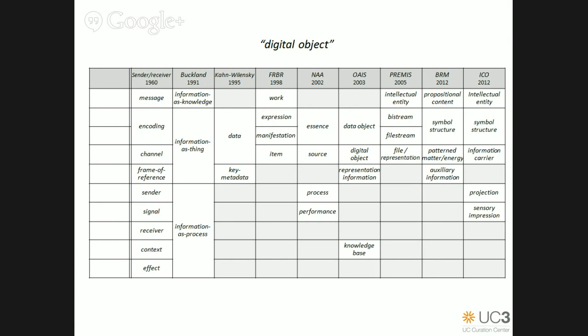And we found that if you try to line them up against each other, as well as some definitions of the more general notion of exchangeable information, such as the sender-receiver model, essentially Shannon as explicated by Schramm and Berlo, and Michael Buckland's information trichotomy, you can see that these things line up more or less along this, as we're showing here.